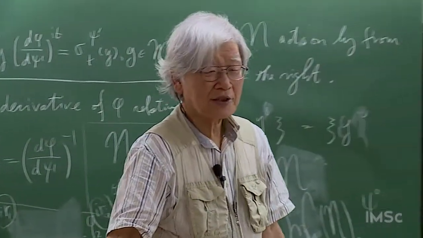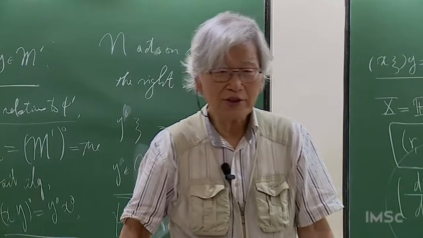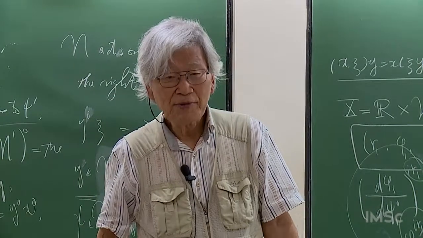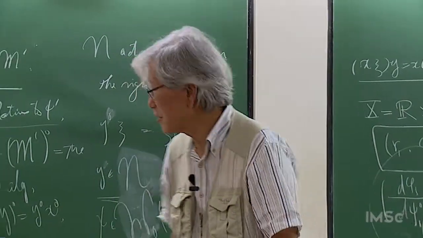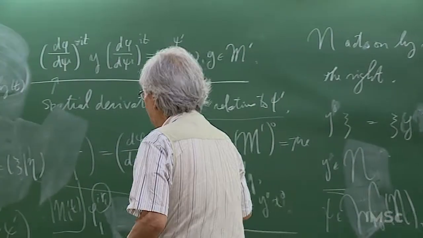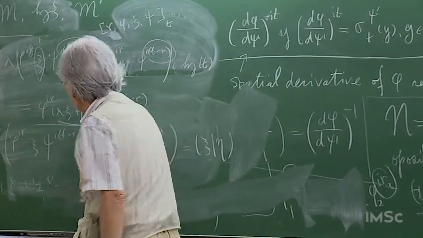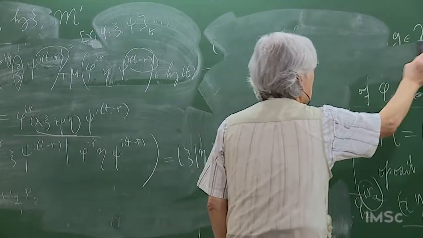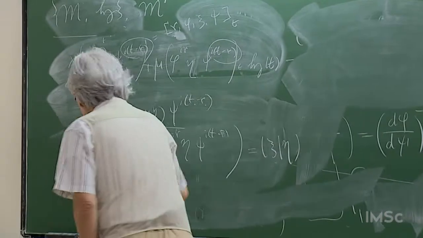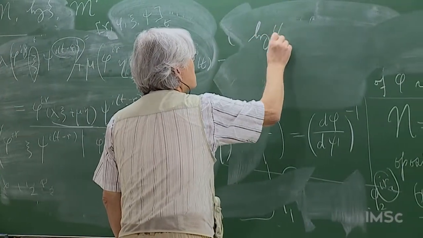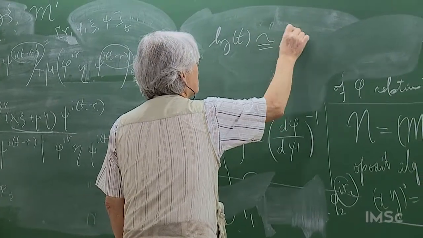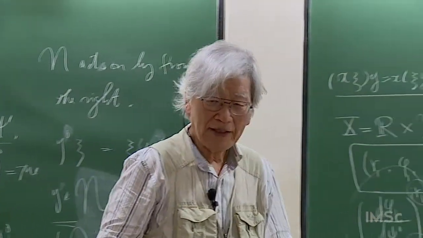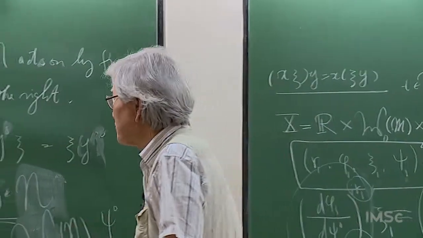So that makes phi to the power it unitary, for instance, or psi to the power it applying from the right is unitary, and indeed. Okay. So now, this H of t is a Hilbert space isomorphic to H for each t. Isomorphic to H. That's how we did it.